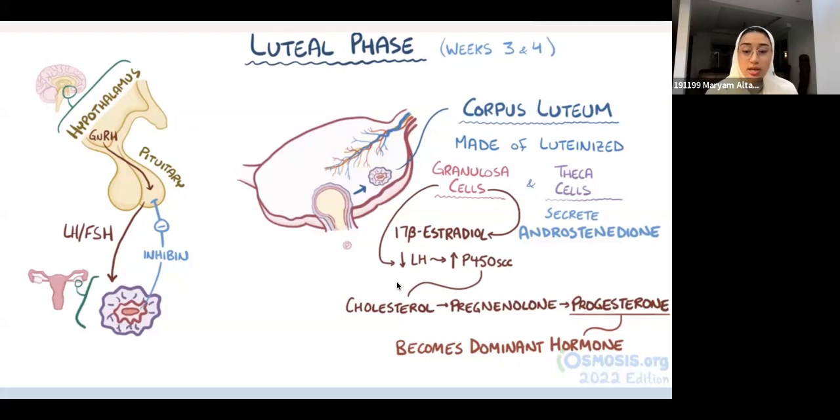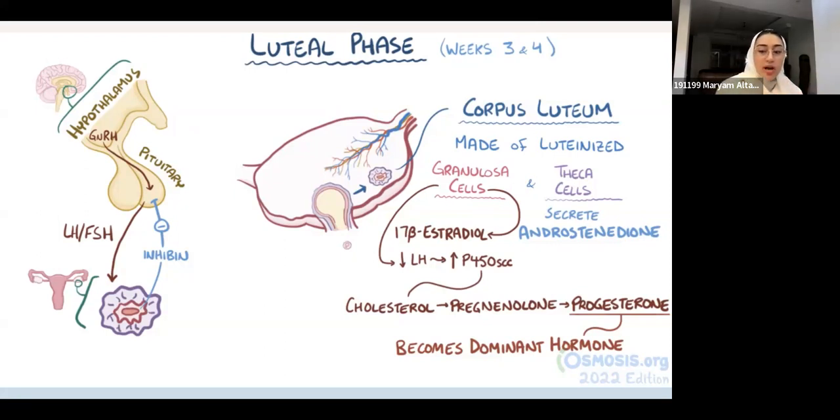This also leads to a decrease of LH and an increase of this enzyme, P450SCC. What this enzyme does is it helps convert our cholesterol into progesterone. Think of it as the primary hormone that we're looking at in the early follicular phase is our estrogen, our estradiol.